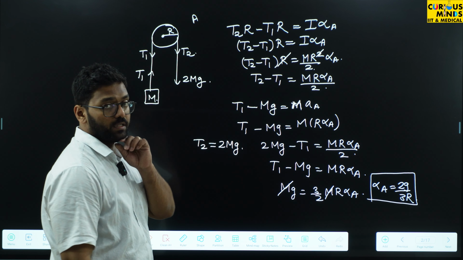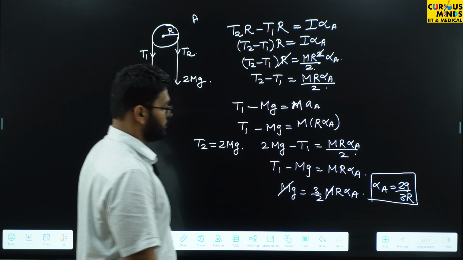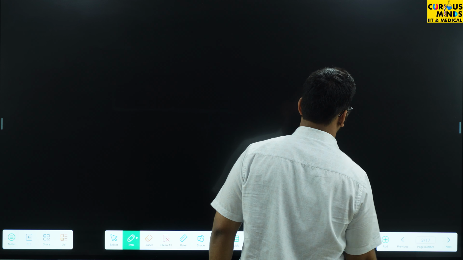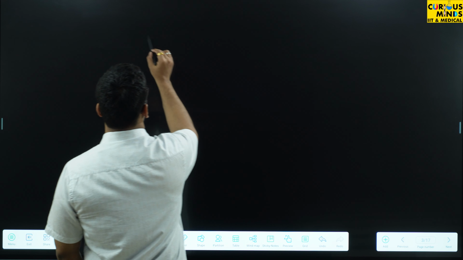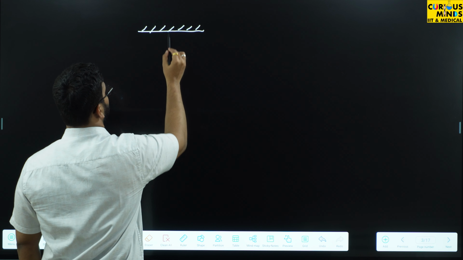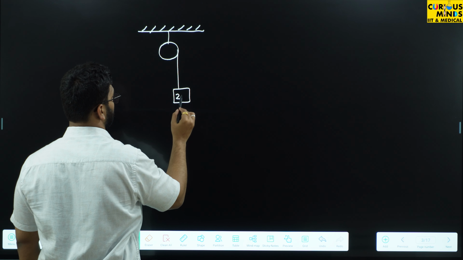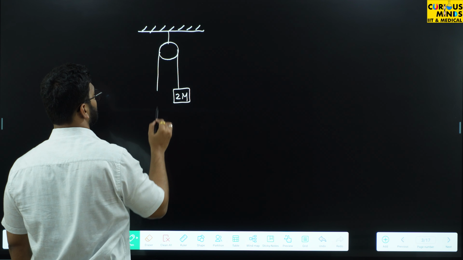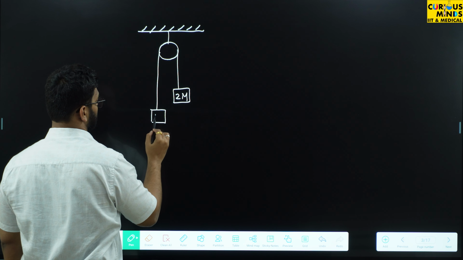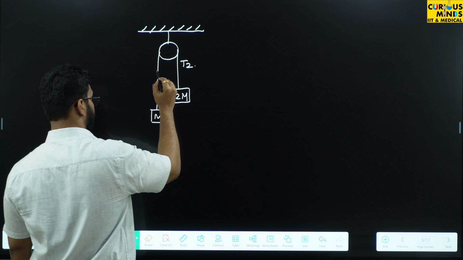Let's find out alpha B. Alpha B is the case when we apply a 2m mass here. This is the 2m mass. This is the m mass. Here the tension is T2.